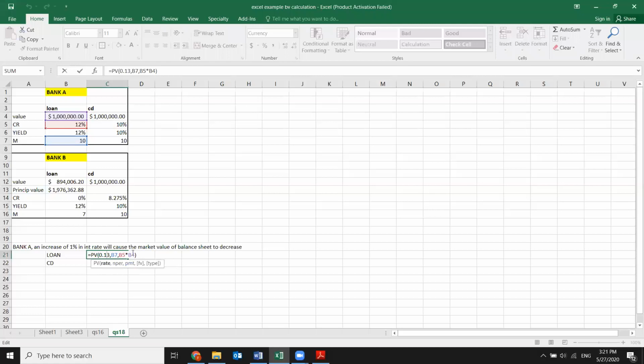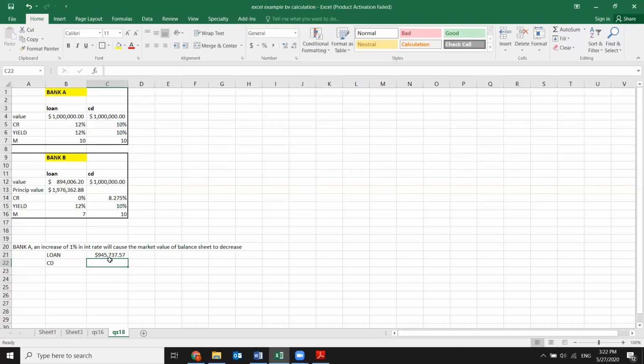And my future value is 1,000. Oops. Face value is this. Okay, this is my bond value, but it's actually not negative. Okay, I'll put it like this.